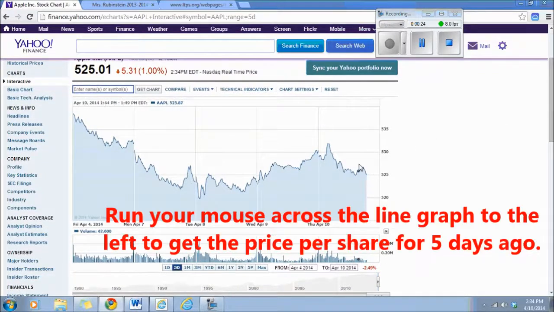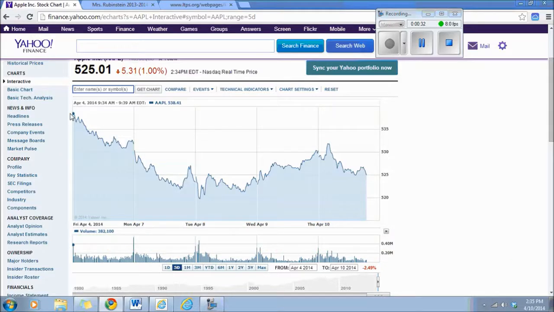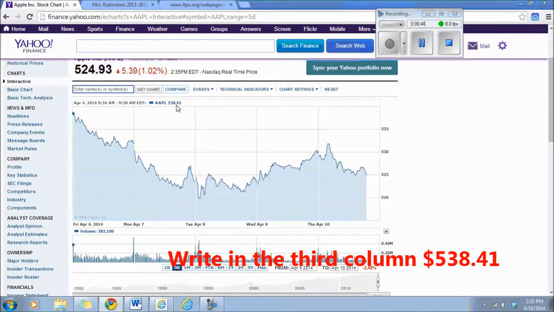If we slide our mouse back, we could see that on April 4th it was selling at $538.41 a share, and you can see that right here. So you're going to write in the second column $538.41, and that's what it was selling at just 5 days ago.